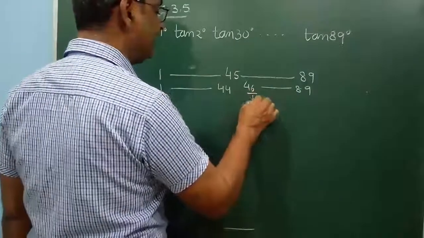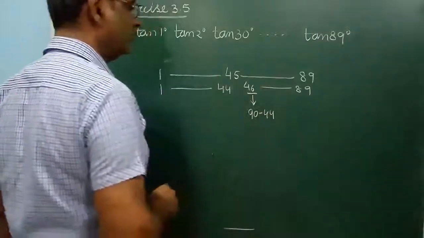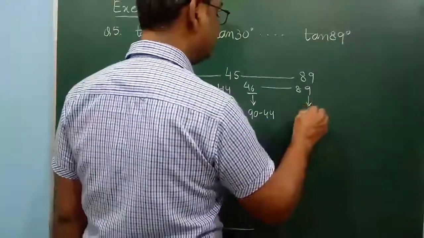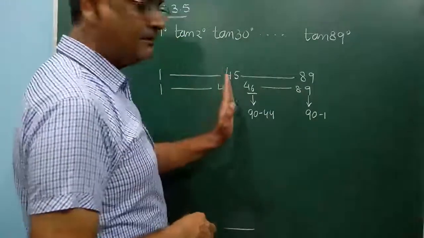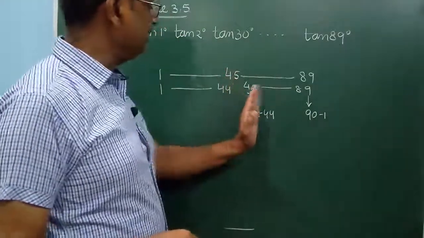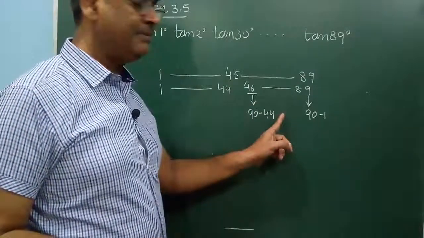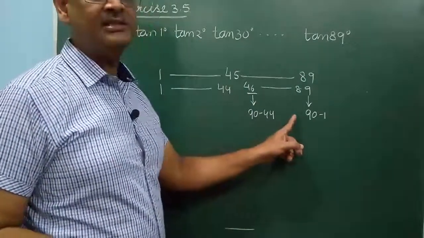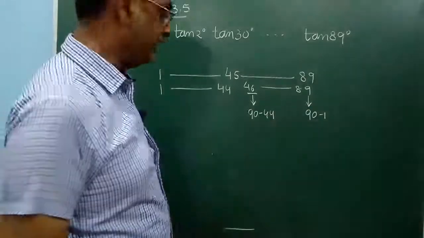This can be written as 90 minus 44, correct? This can be written as 90 minus 1. So after 45 degree we can reduce all the angles as 90 minus 44, then 90 minus 43, then 90 minus 42, and so on up to 90 minus 1 degree.